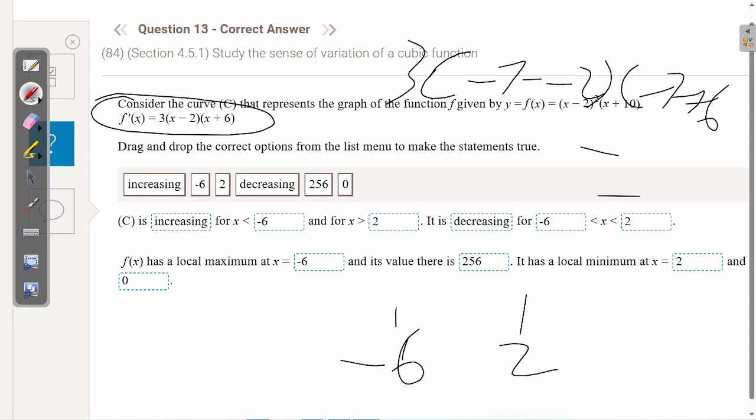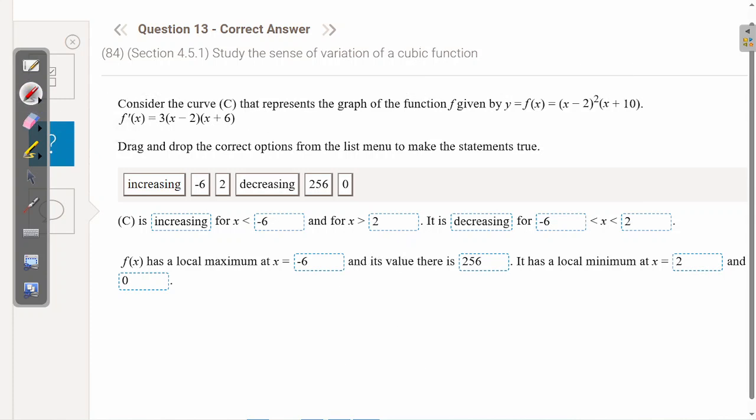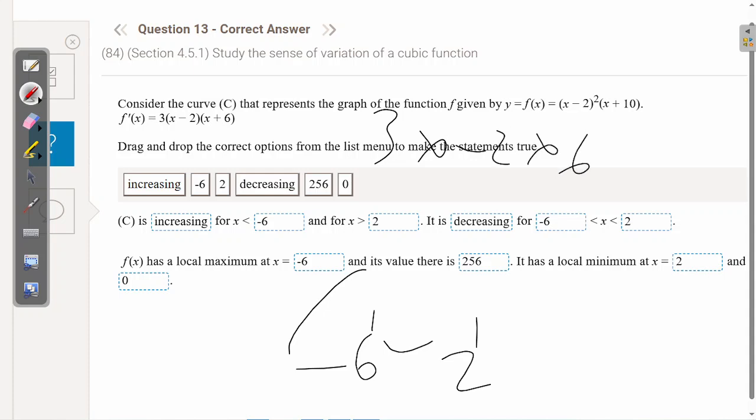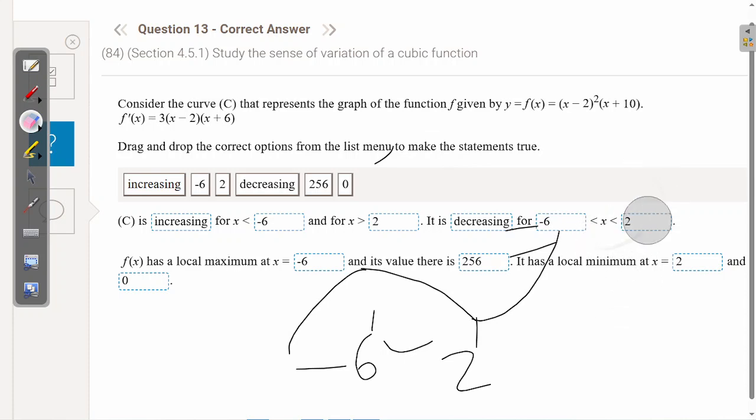It's a positive value, so you graph it up, going up. And then I put, for example, something in between 0 to be 3 times negative 2 times 6 to be equal to a negative number, so it will be going down, and then after it will be going up. So this is your graph.